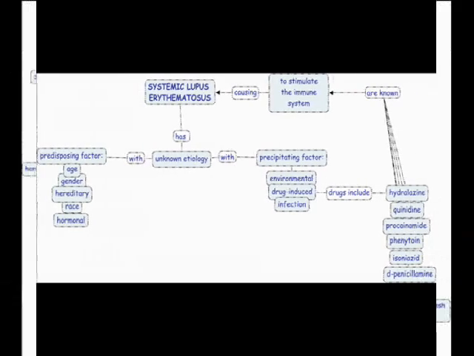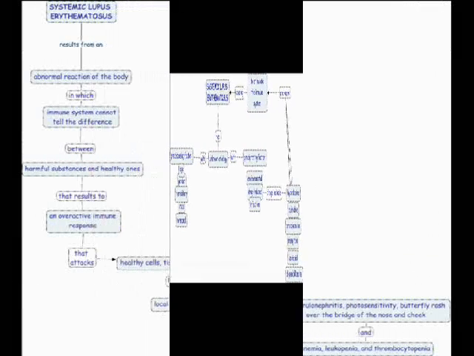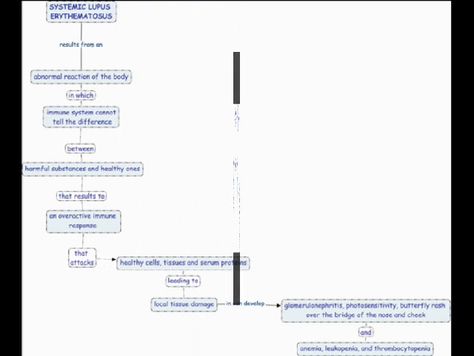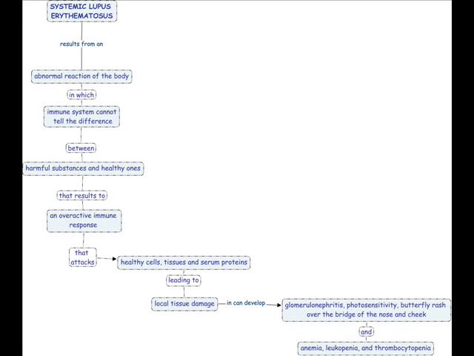SLE results from an abnormal reaction of the body in which the immune system cannot tell the difference between harmful substances and healthy ones. That results in an overactive immune response that attacks healthy cells, tissues, and serum proteins, leading to local tissue damage.